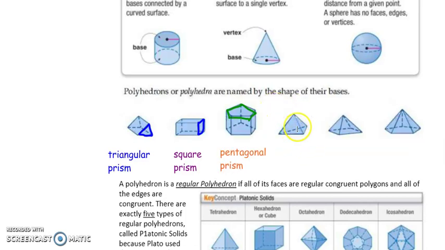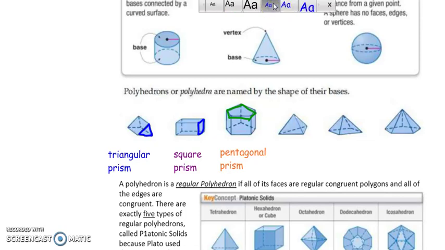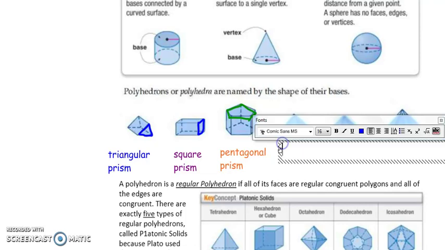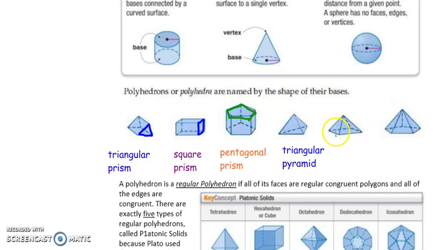Okay, this next one has a triangular base, so we again look at the base for naming it, and it is a pyramid. We're switching to our pyramids here, so this one is a triangular pyramid. We then have a square pyramid next.